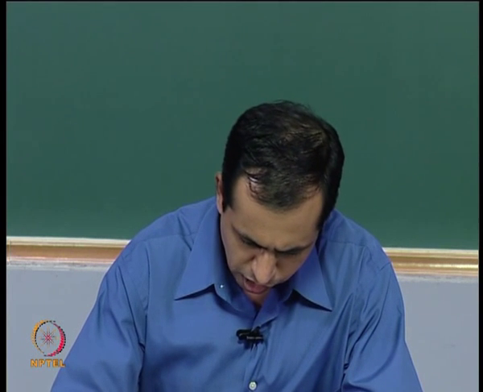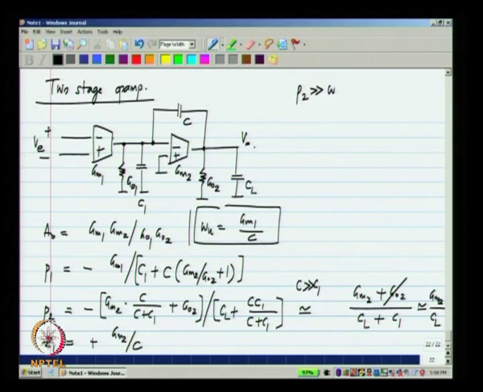Now, the phase lag contributed by the 0 is simply a function of the ratio of GM2 by GM1, and that has to be maintained sufficiently high so that the phase lag is small. The phase lag due to the pole will be something, and we would like P2 to be much more than omega u. Now, what does this mean?